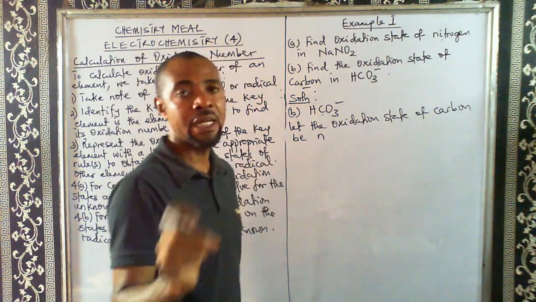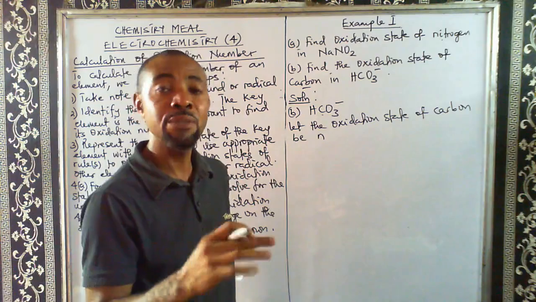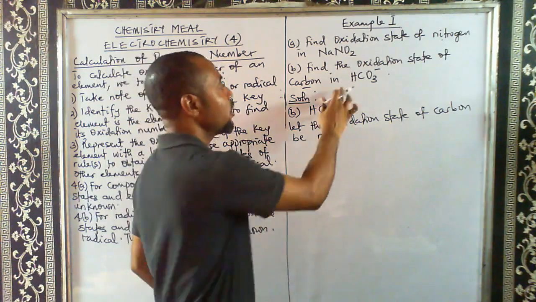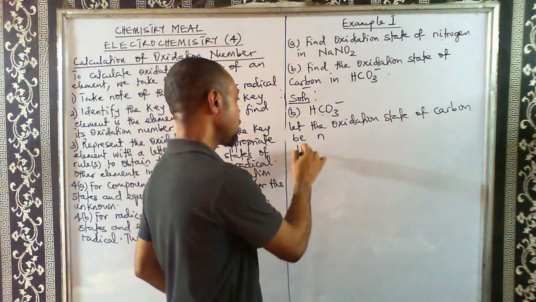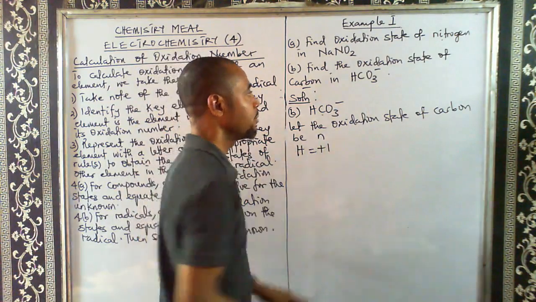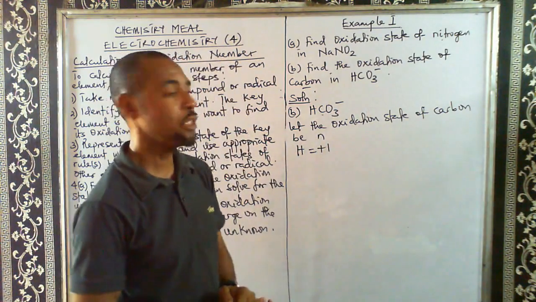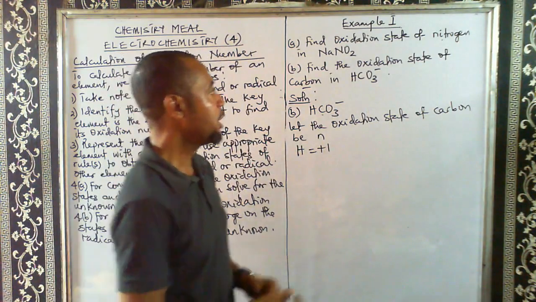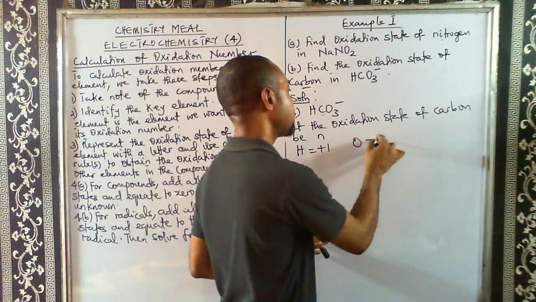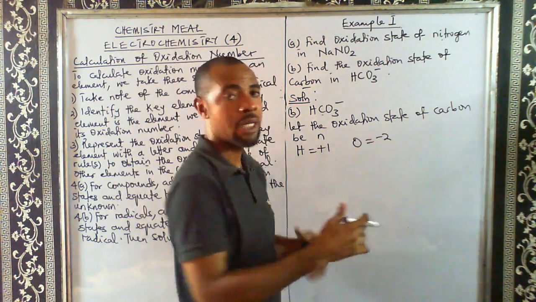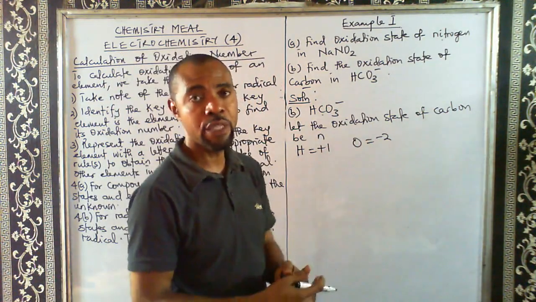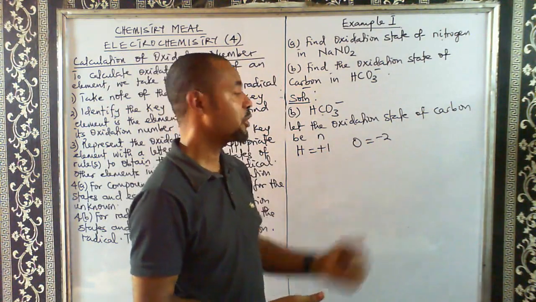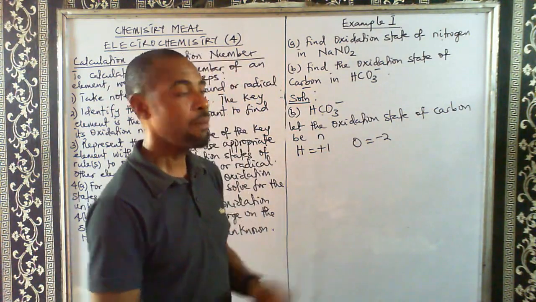It's only in metallic hydrides that the oxidation state of hydrogen is -1. So here the oxidation state of hydrogen is +1. Then the oxidation state of oxygen is -2 in all compounds except in peroxides. This is not a peroxide, so the oxidation state of oxygen here will be -2.